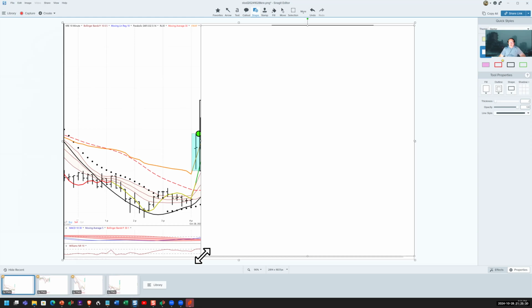All right, so we're looking at the KRE on the 10 minutes. So that blue box is the OR10. Here's the breakout. It fails. I exit when it crosses below the VWAP.